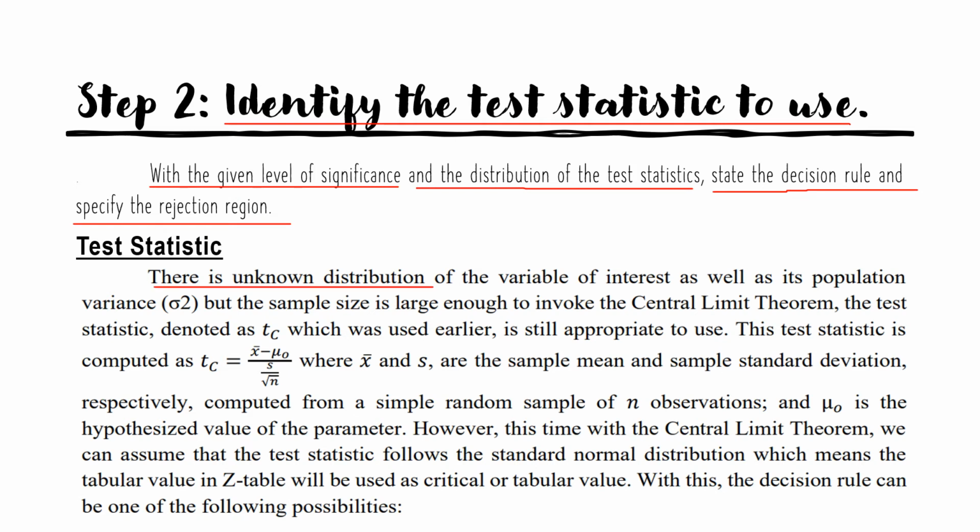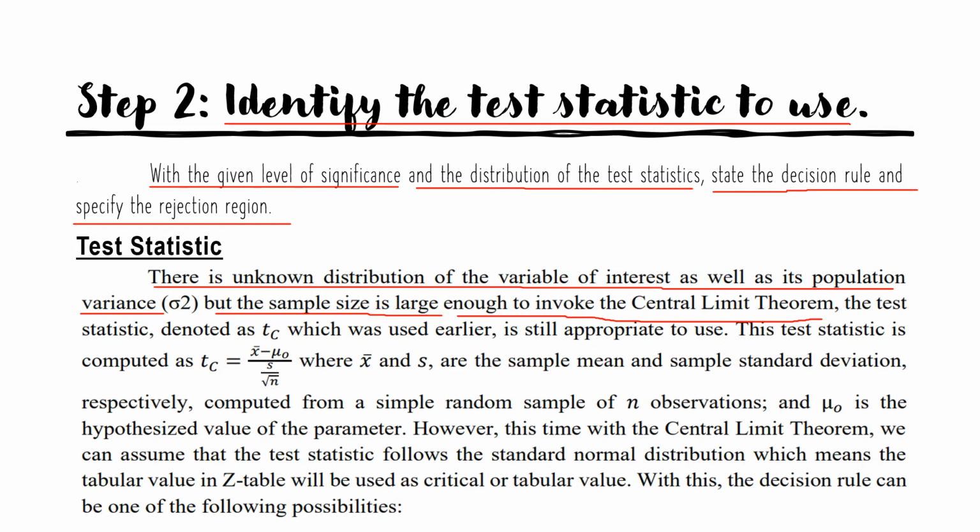There is an unknown distribution of the variable of interest as well as its population variance, but the sample size is large enough to invoke the CLT. We simply use the CLT in a large sample, because the CLT brought to us the concept that even as n, the sample size, becomes larger and larger, the distribution still becomes normal.